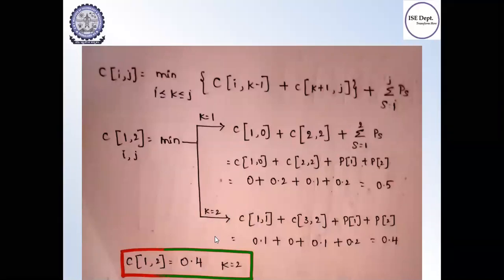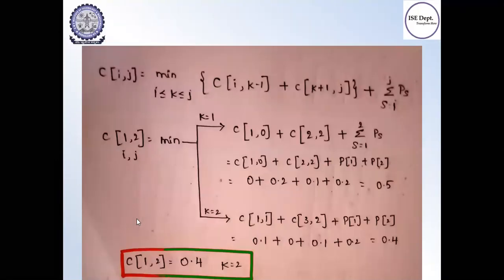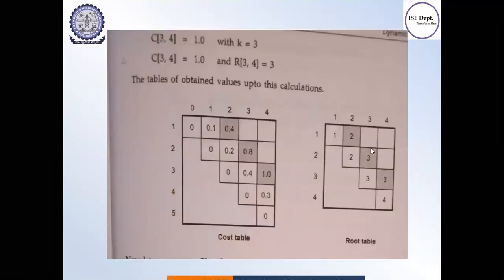So write down 0.4 and k is equal to 2. So 1 comma 4, right? Just make a note of it. So 1 comma 2: the cost table value is 0.4, and in the root table it is 2.